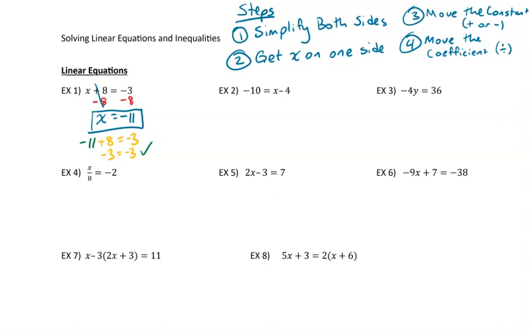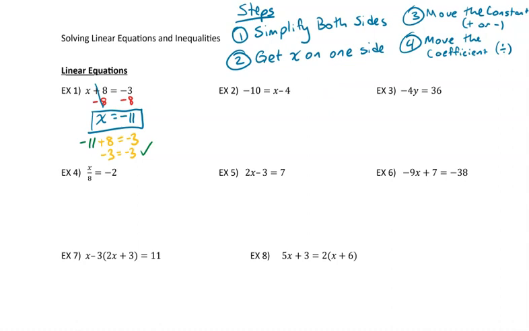All right, so let's look at some other ones. So example 2, negative 10 equals x minus 4. In this case, the x is on the right-hand side, but it absolutely does not matter. In the end, if we get x equals some number or some number equals x, those mean the exact same thing, so we don't have to worry about which side x is on.